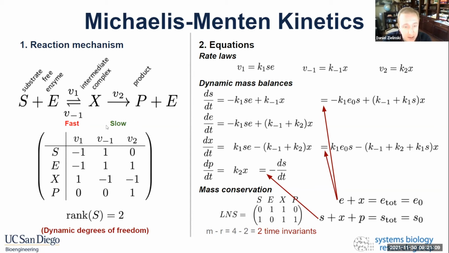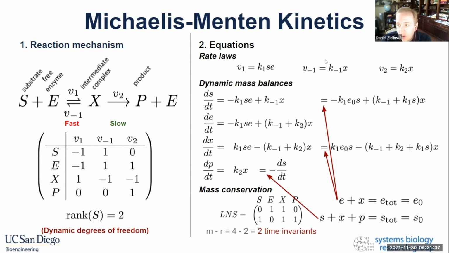There are some recent surveys of enzyme kinetics that find this to generally be the case, that the complexation is not the rate limiting step, so it is relatively fast compared to catalysis. But we can make a stoichiometric matrix for the system. It tells us we have 2 dynamic degrees of freedom, and therefore we need to define conservation in order to solve this to steady state.